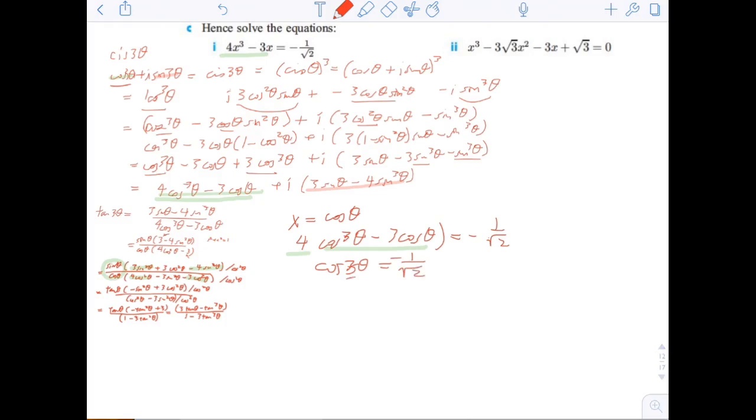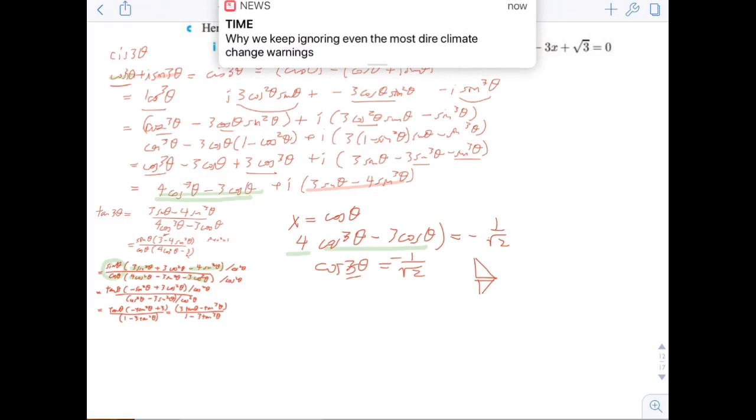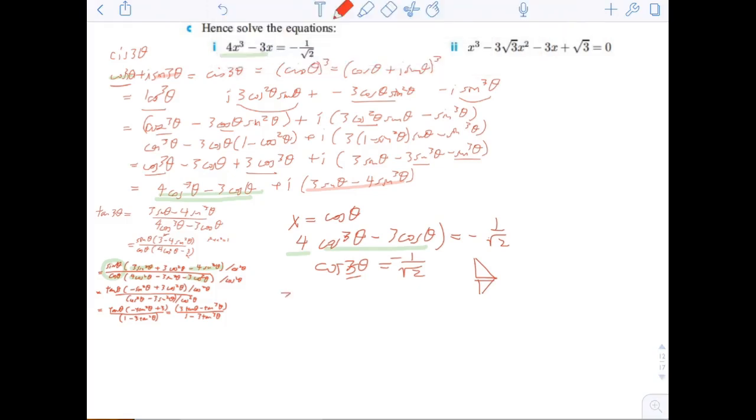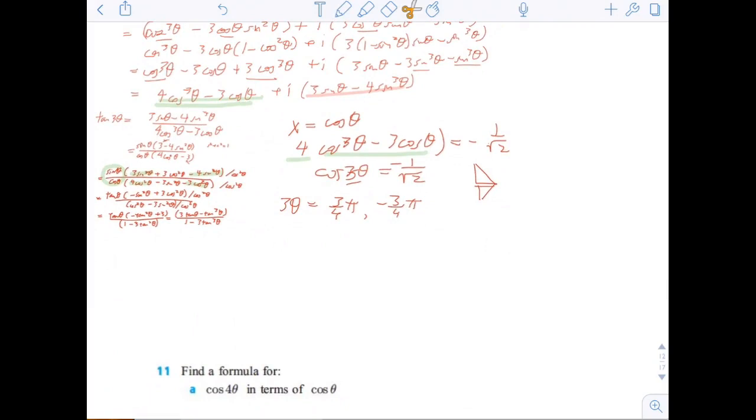So what angle gives us a cosine value of negative 1 over square root of 2? So that could be a 45-degree triangle in that direction, or it could be a 45-degree triangle in that direction. So basically we know that 3 theta is going to be equal to 3/4 pi or negative 3/4 pi, or any multiple of 2 pi based on that.